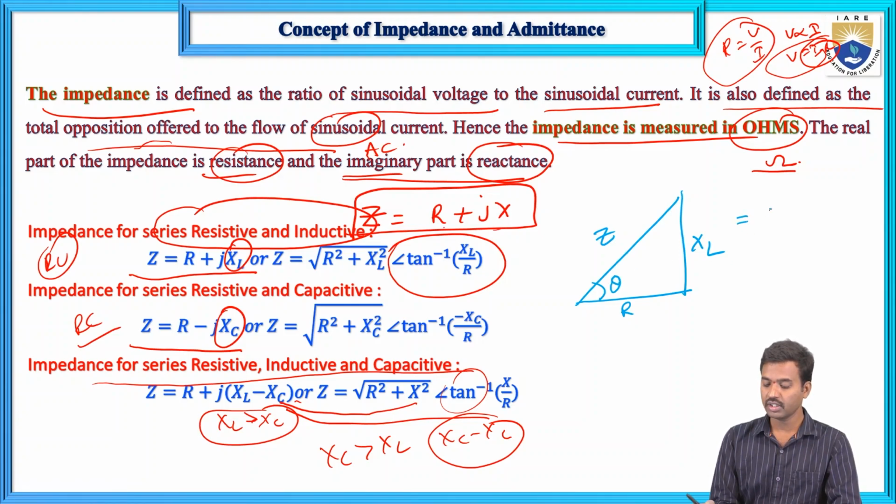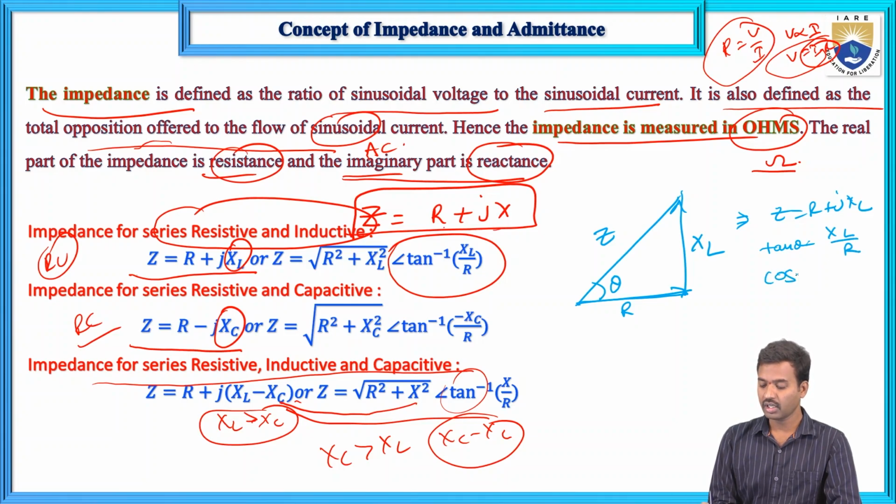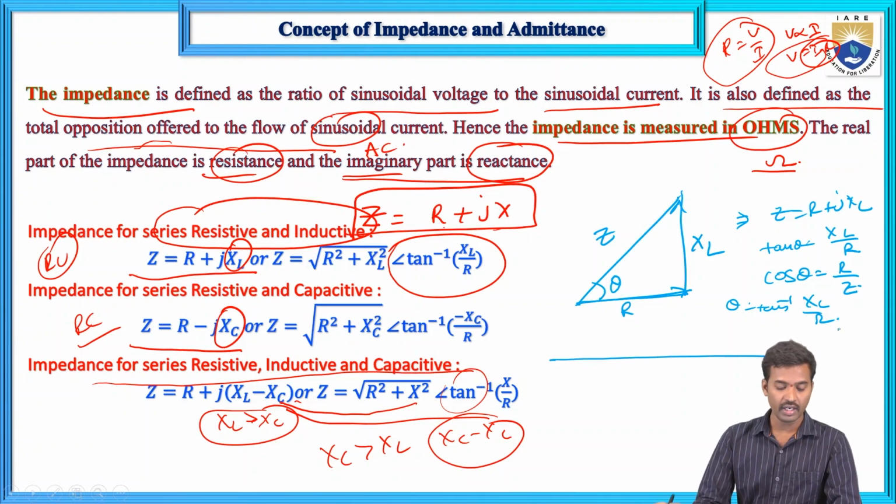Z equals R plus jXL, and j indicates a 90 degree rotation. Tan theta equals XL by R. Cos theta, that is cos phi, is the power factor, which equals R by Z. Theta equals tan inverse XL by R. This is for the inductive reactance RL case.